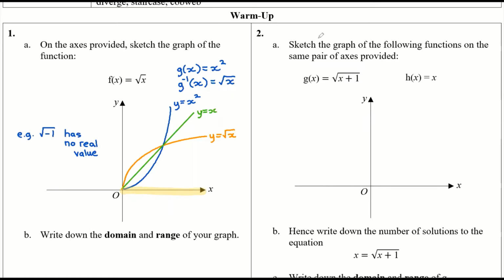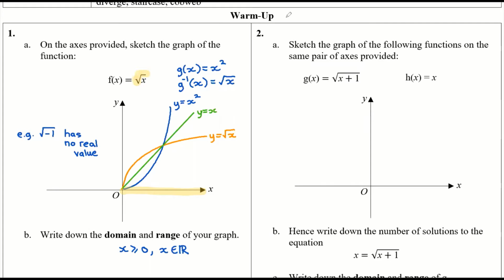So the domain of f of x: x is only defined for numbers greater than or equal to 0, but you can have, of course, real numbers, in the broadest possible sense. And the range, likewise, is going to be positive, because the notation that they're using here in the question specifies that this is a positive square root.